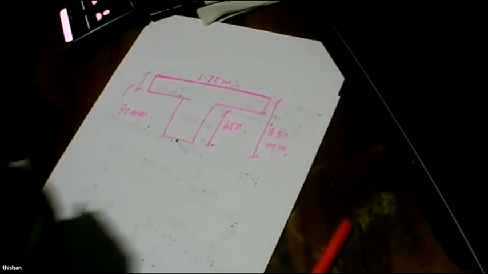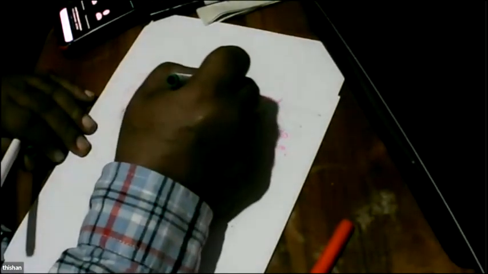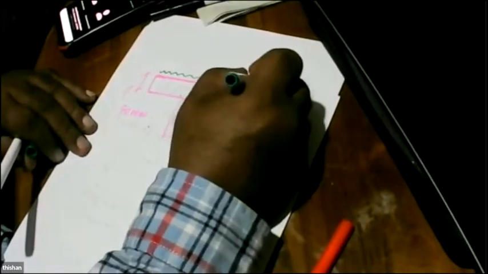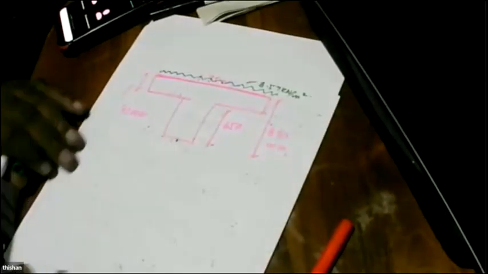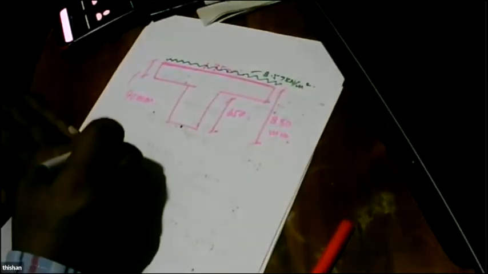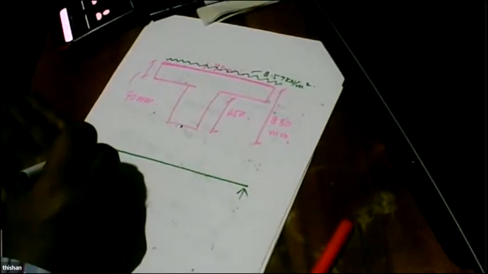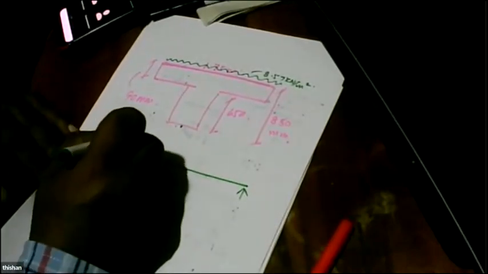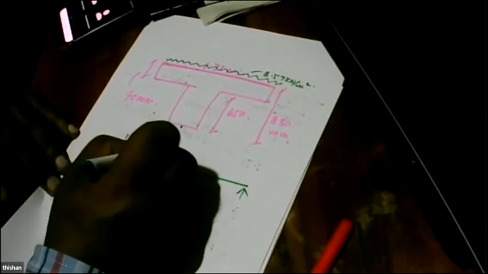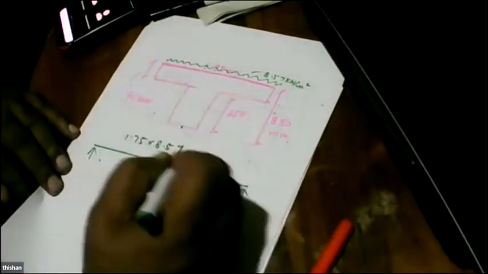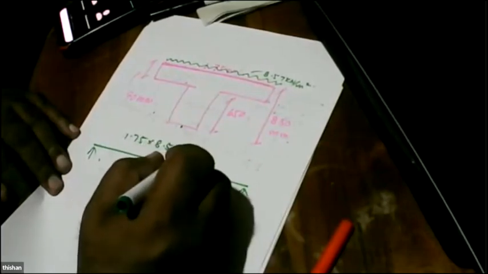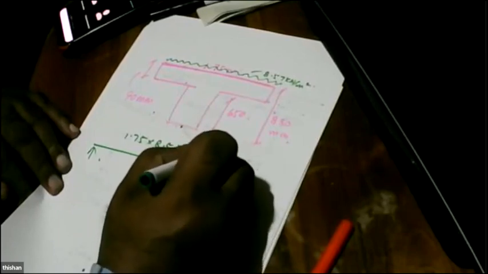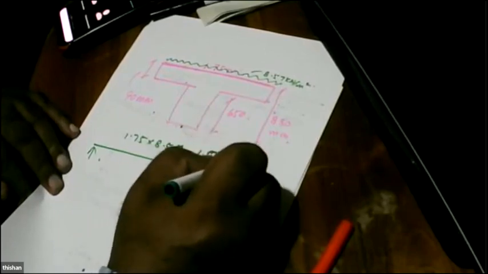Now the live loads are going to act on it. If I approximately take the live load with a magnitude of 8.57 kilonewtons per meter squared, the beam will now be subjected to 1.75 into 8.57 multiplied by 1.2, 1.5, 1.1.